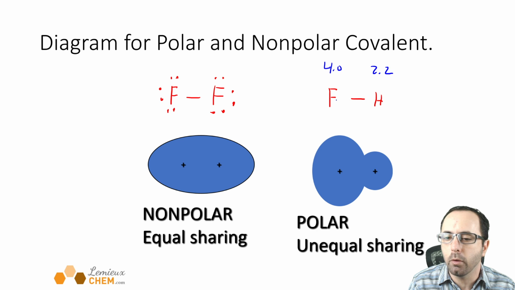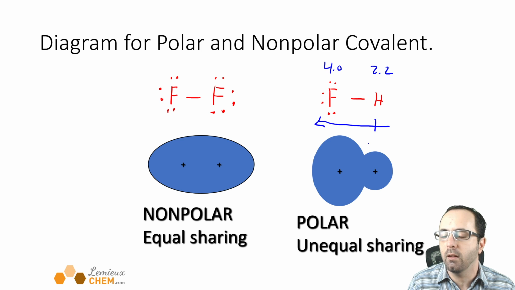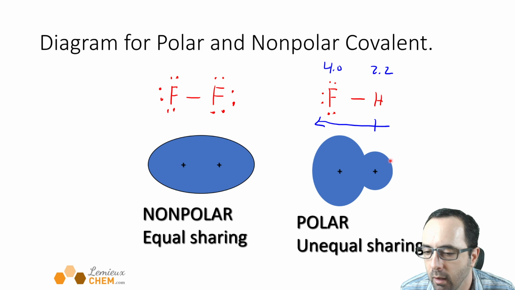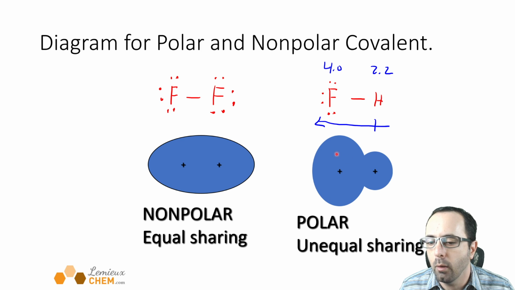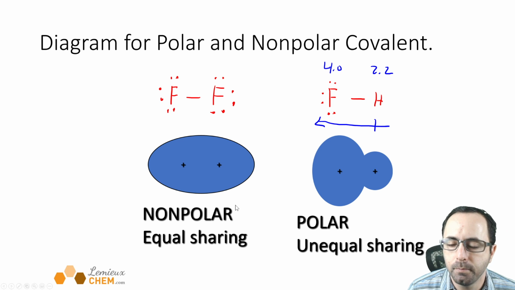And so the fluorine pulls electrons very strongly in its direction. So in this molecule, the electrons are pulled in the leftward direction. As an electron cloud, that would be shown like this, with a larger cloud around the fluorine with more electron density and a smaller cloud around the hydrogen.